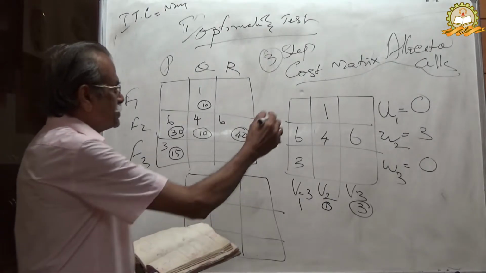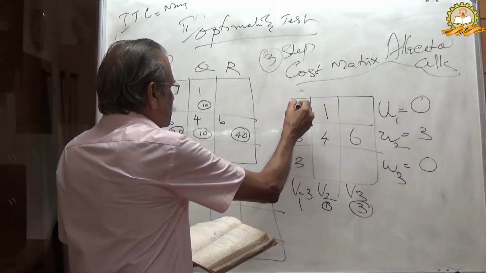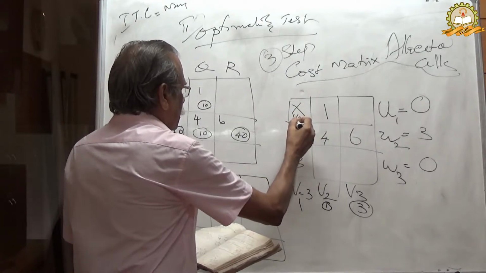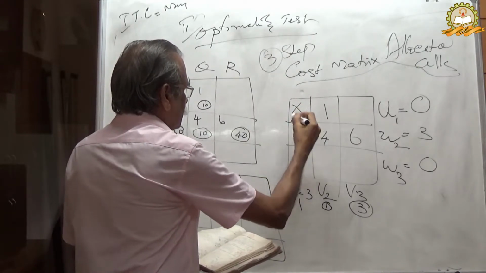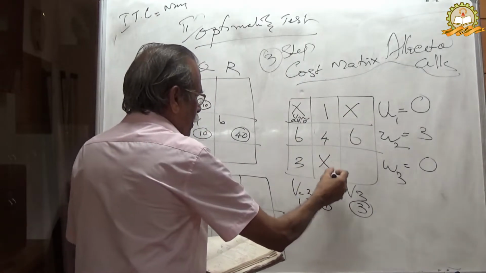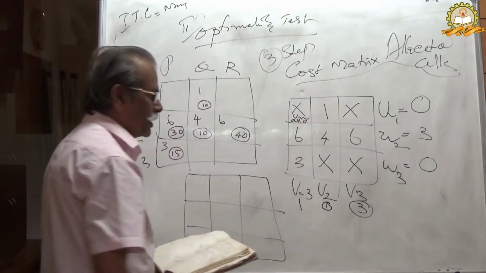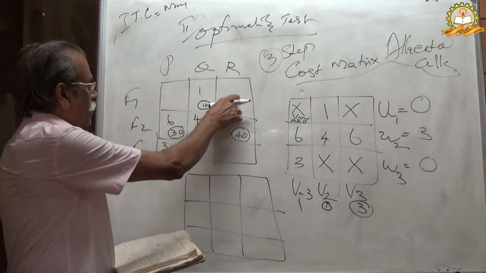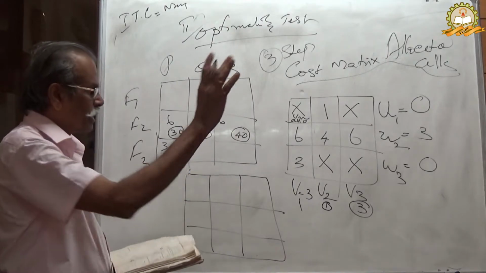Here you can just see that this is unallocated. This is unallocated, this is unallocated, here unallocated.